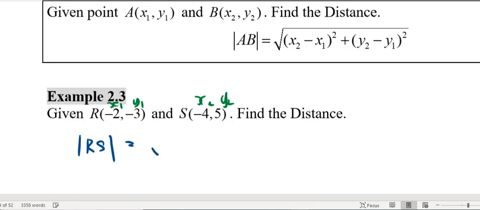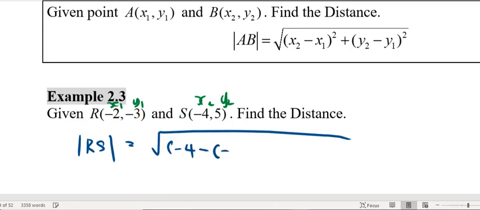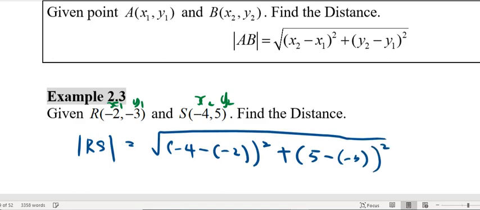You need to get the difference. So it will be -4 minus -2, add up with 5 minus -3.